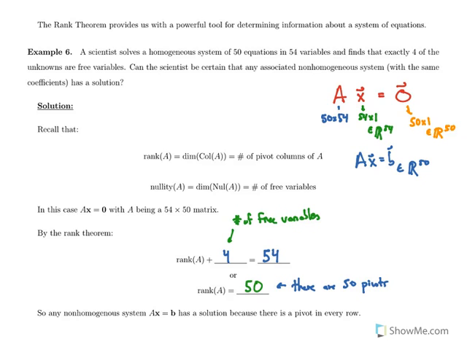So because there's a pivot in every row, we talked about in the first chapter that this means that there is a solution to every non-homogeneous system AX equals B. So just with some information about the number of free variables, we can say something about the existence of solutions for any non-homogeneous system.